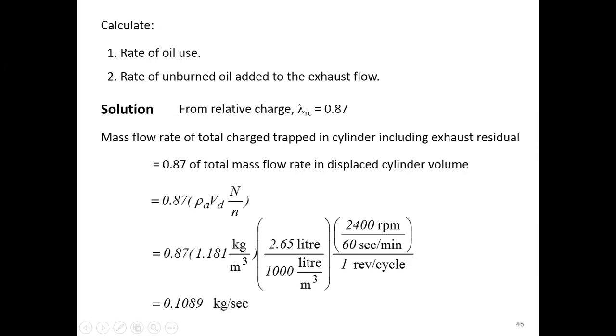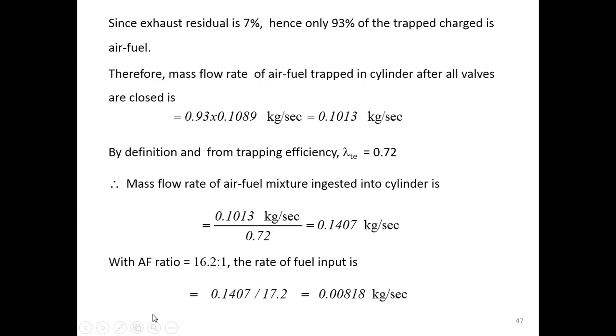That means this number, which includes the trapped charge and the exhaust residual, if we want to know how much is the air-fuel mixture, we have to multiply by 0.93. Then we know the mass flow rate of the air-fuel mixture trapped in the cylinder after all valves are closed. Now you see the relation between these two masses. So this is the mass flow rate of the air-fuel trapped in the cylinder.